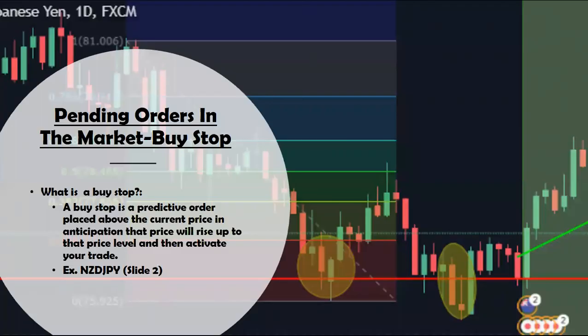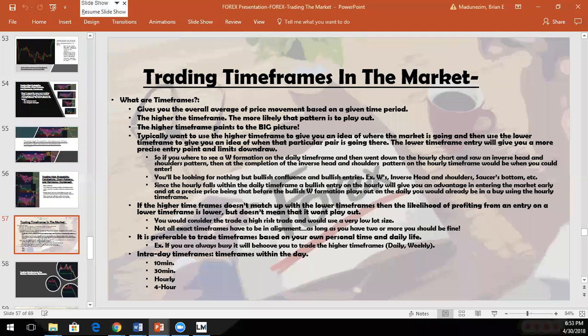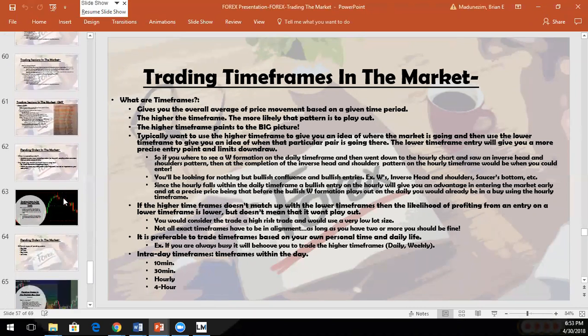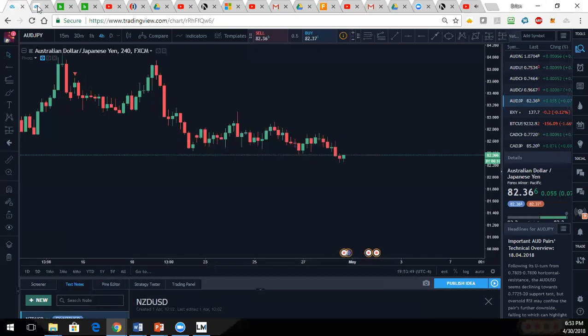So let's talk about a buy stop. Okay, a buy stop is a predictive order placed above the current price in anticipation that price will rise up to that price level and then activate your trade. Okay, so for an example, NZD JPY.